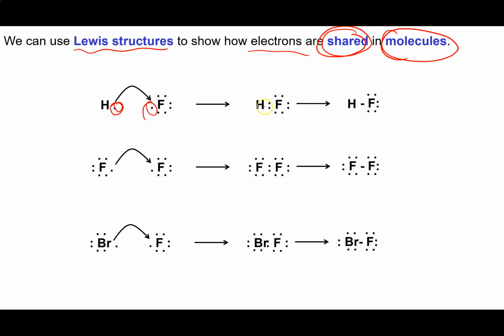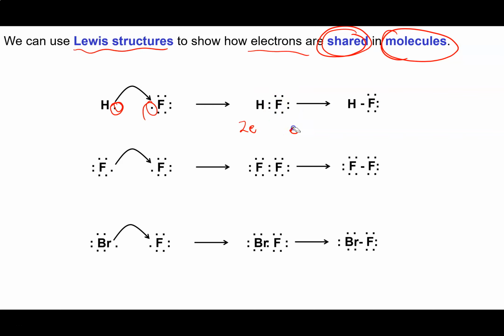They're going to share those 2 electrons, and in that way the hydrogen atom has 2 electrons like its noble gas helium, and the fluorine atom has 8 valence electrons like its noble gas neon. So both of these atoms obtain a noble gas octet. The only problem is they're stuck to one another because they have to share these 2 electrons.